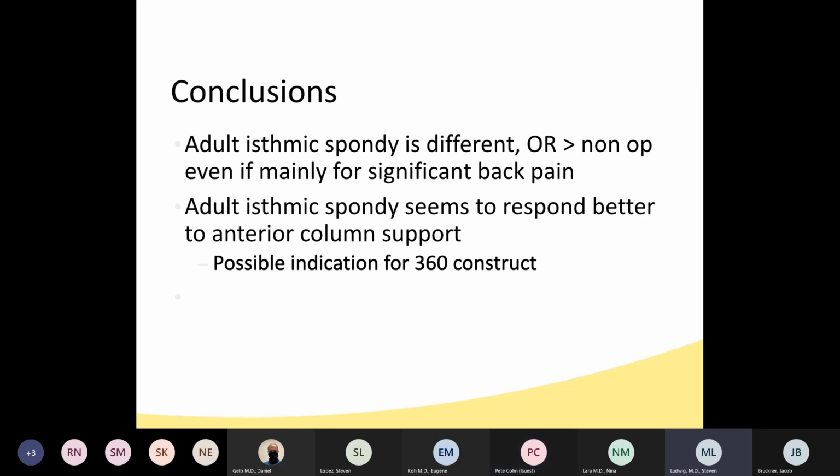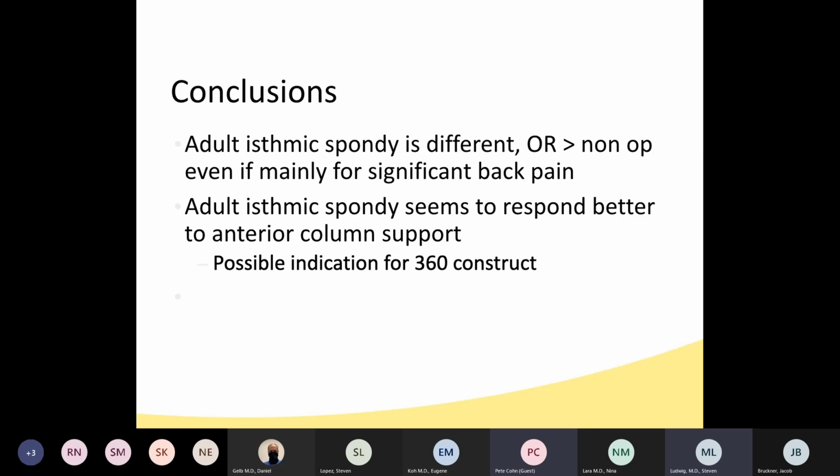It's really interesting, I think, that although we're very purist, as you guys all know, and we're typically doing interbody support for I-spondy patients compared to degenerative spondy, I think our group is fairly consistent in recommending interbody support under very, very specific circumstances, right?